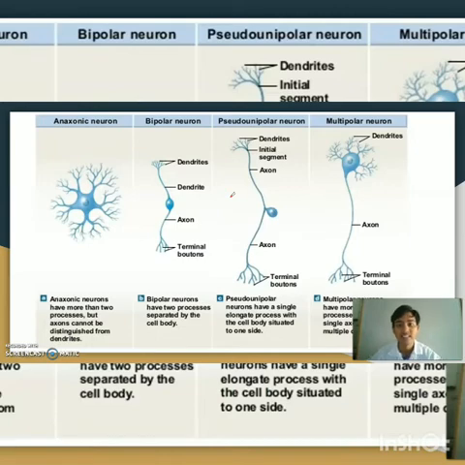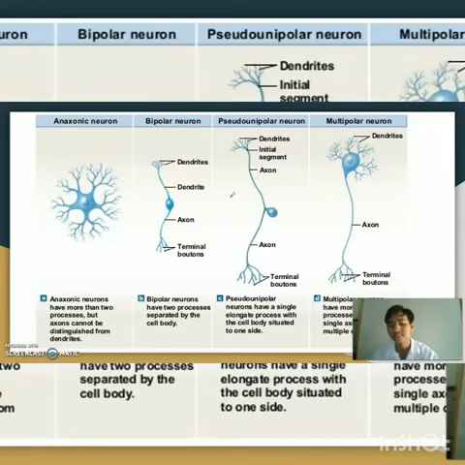These are the other types of neuron: anaxonic neurons, bipolar neurons, pseudo-unipolar neurons and multipolar neurons. They have specific functions. For example, anaxonic neurons have more than two processes, but the axon cannot be distinguished from the dendrites. Bipolar neurons have two processes separated by the cell body.